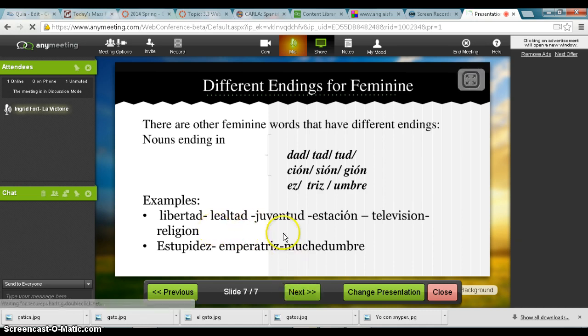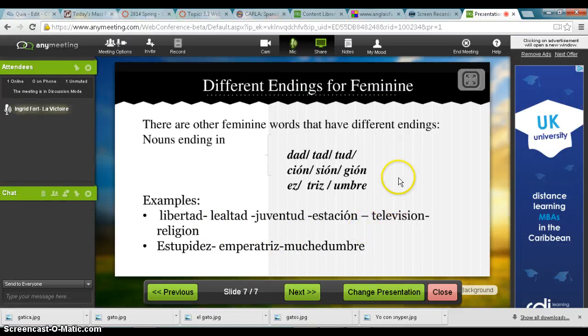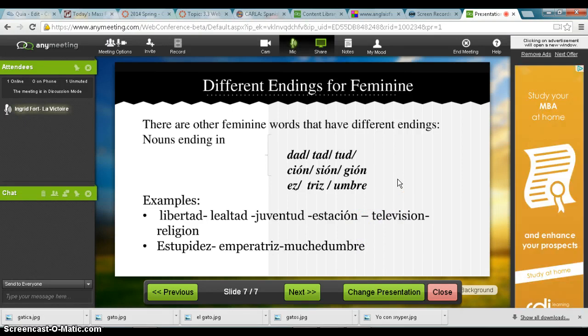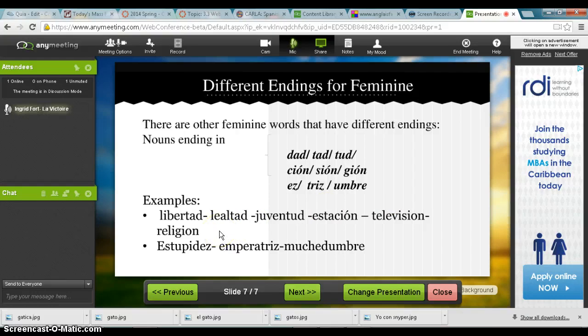So usually these words are abstract nouns or concepts like libertad, lealtad, juventud, estación. Okay, that is not an abstract concept.